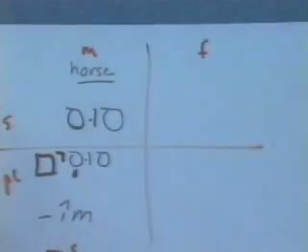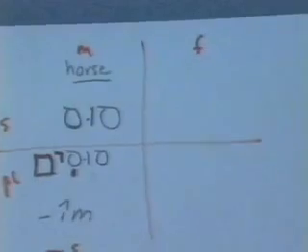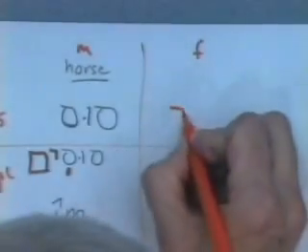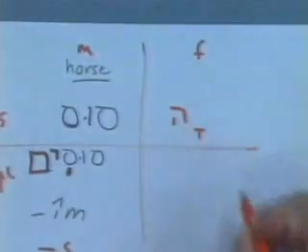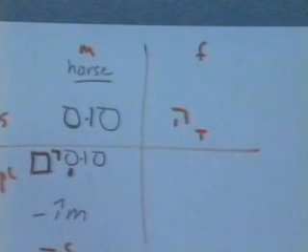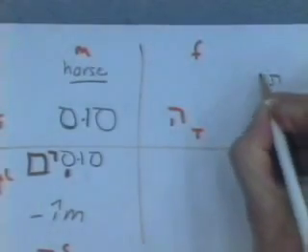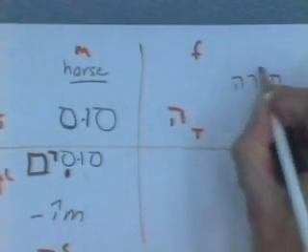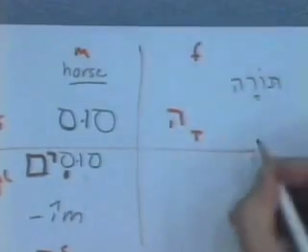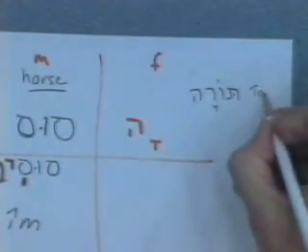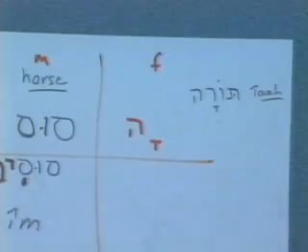All right? Now, how do we make a feminine noun? Feminine nouns generally have a distinctive ending, ah, comets hey. If you see a word ending in ah, like for example, Torah as a noun. Torah means Torah. You can just transliterate it, all right?